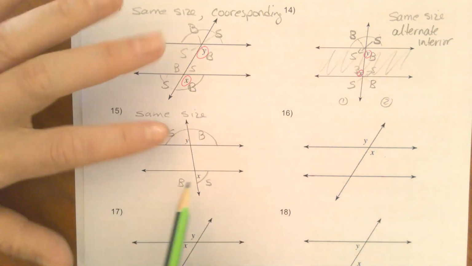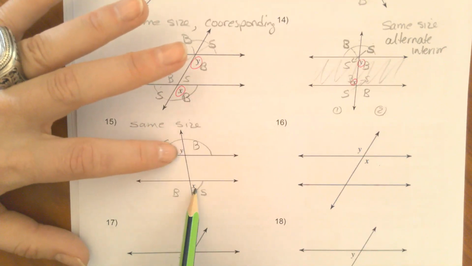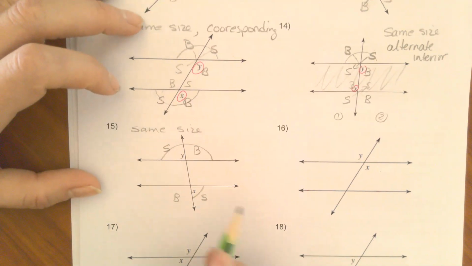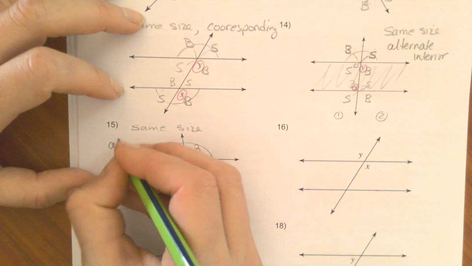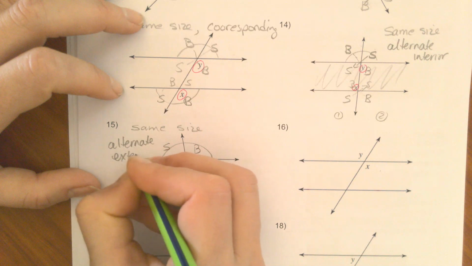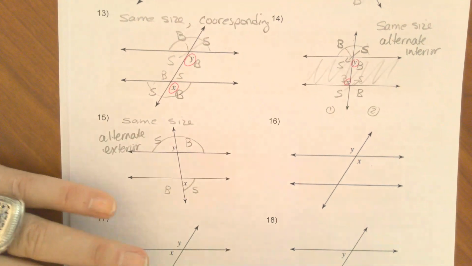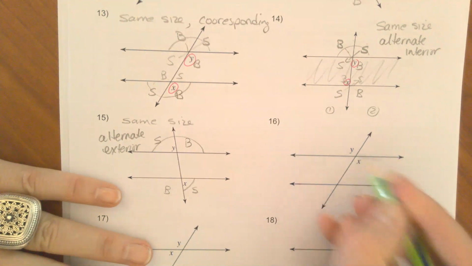And they're on opposite sides, so that means alternate. And they're both on the outside, that means exterior. So it's alternate exterior angles.